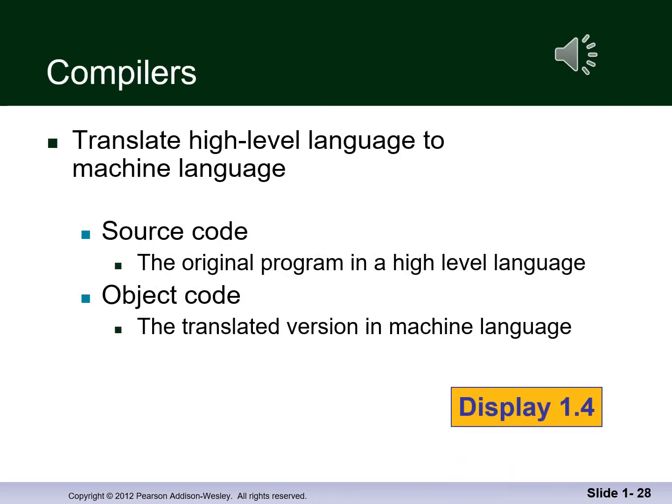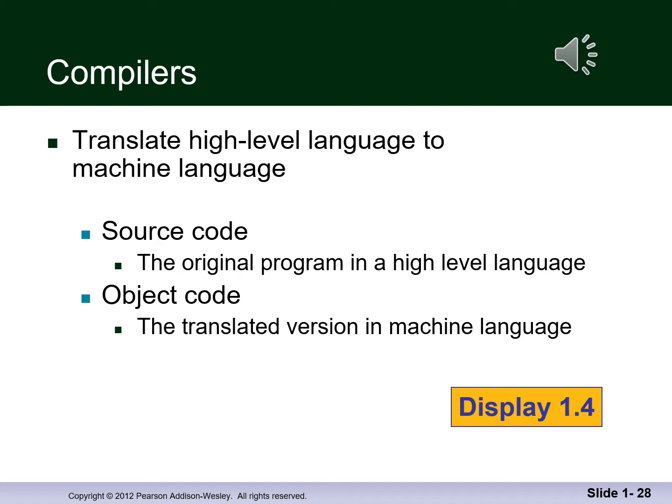Now we're starting to get into some significant terminology that you will need to be aware of. A compiler translates high-level language, such as the program we'll write in C++, to machine language. Two important terms for you to be familiar with.